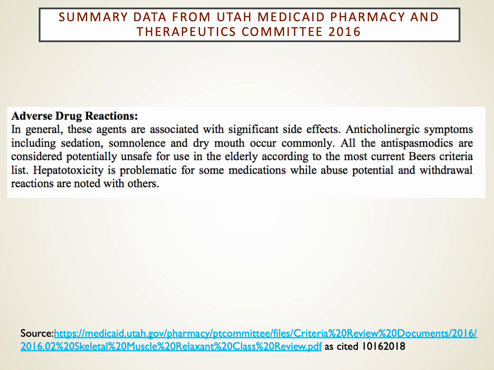The adverse effects for these agents are often problematic for a lot of patients. Some of these agents include a lot of antimuscarinic or anticholinergic side effects. They also can cause some significant sedation, falls risk, particularly in the older population, and hepatotoxicity for some of these agents is also a problem.